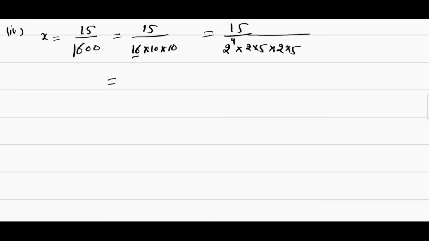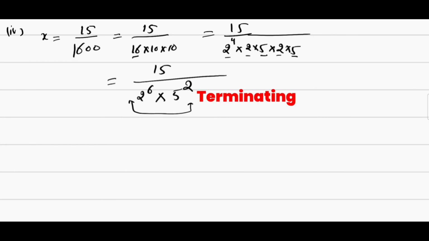So this is 15 divided by 2 raised to power 6 into 5 raised to power 2. Here also I have written my Q in the form 2 raised to power n and 5 raised to power m. So this decimal expansion will terminate, and it will terminate after 6 decimal places.